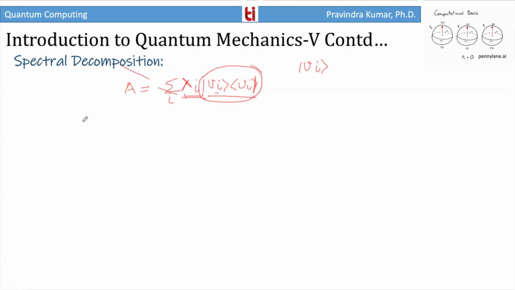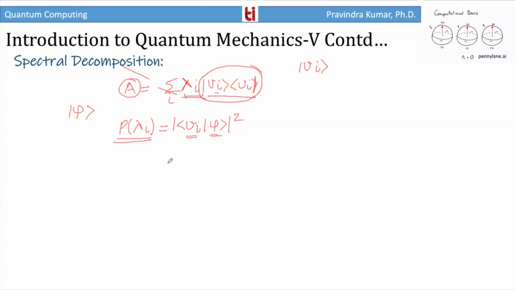Now, if we have a system in state psi, when we measure this operator A, the probability of getting lambda i will be equal to the mod square of the inner product of vi and psi. So the probability of getting the eigenvalue lambda i is the mod square of the inner product of the actual state and the eigenstate vi.